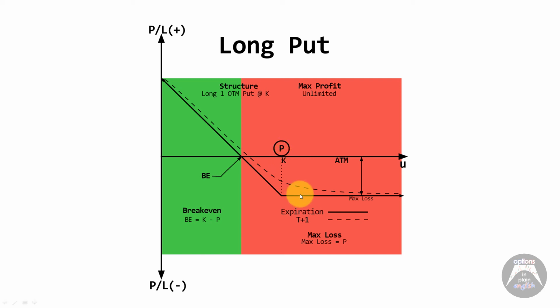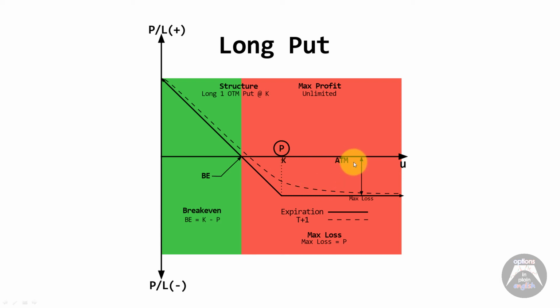So before we can actually start making money with the put, we need to get over that option price that we already paid for it, which is why we have a break even that is lower than the strike price.